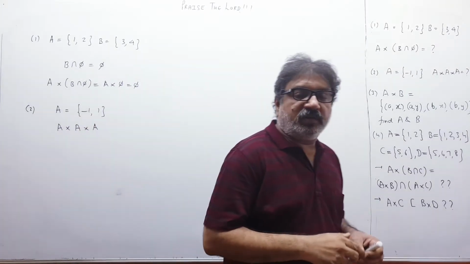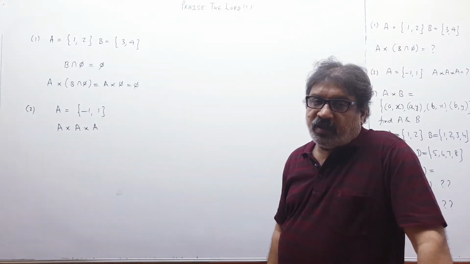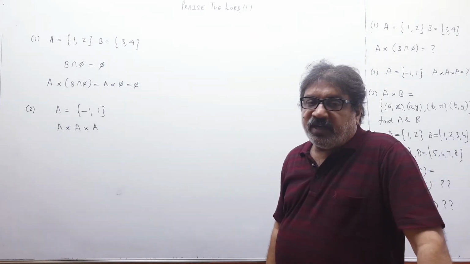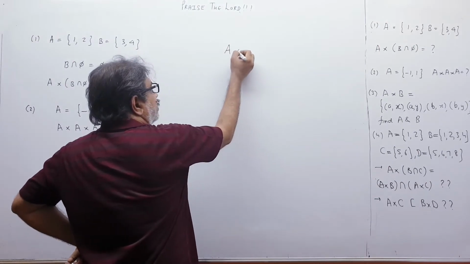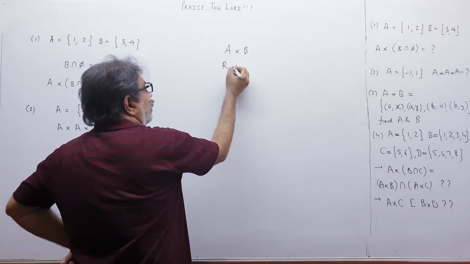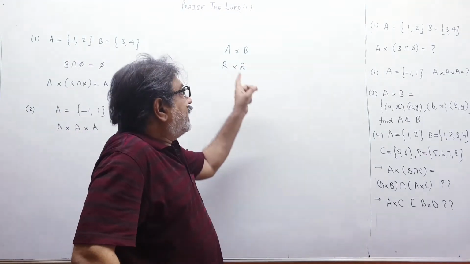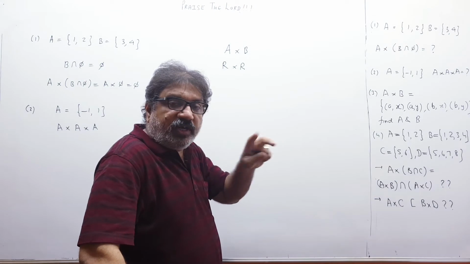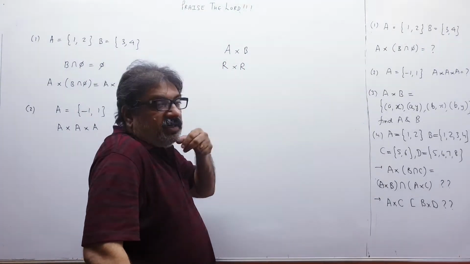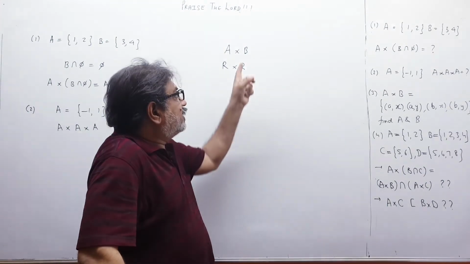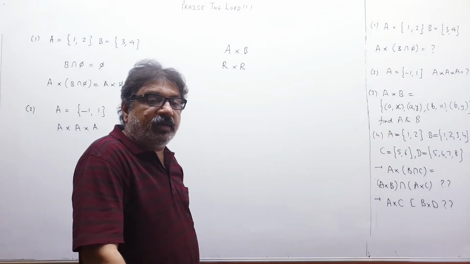Just as Cartesian product, similarly triple product of sets A cross B cross C. And for that matter, children, please realize, when we take A cross B, if supposing A and B are sets of real numbers, so R cross R will give me the set of points in the plane. X from here, Y from here, X, Y, the coordinates that you studied in class 9 and 10, coordinate geometry. So if A and B are the sets of real numbers, then A cross B becomes R cross R, and this is nothing but the collection of points in a plane.